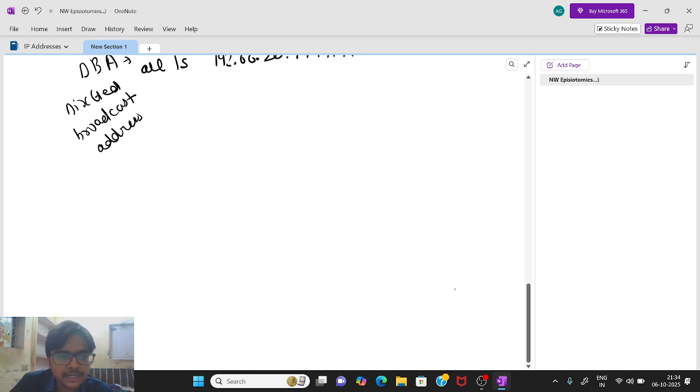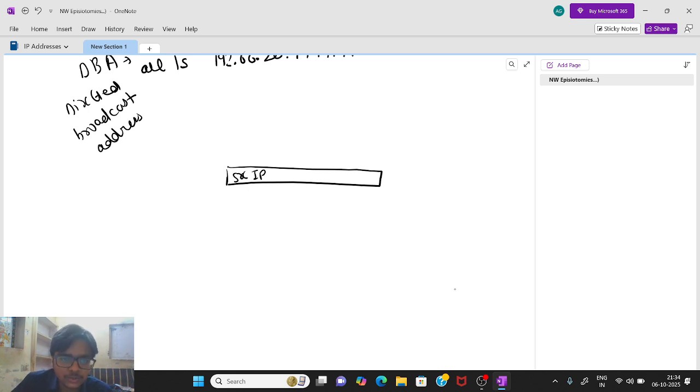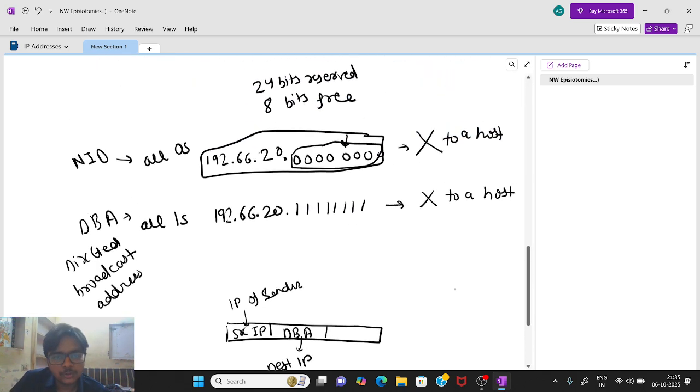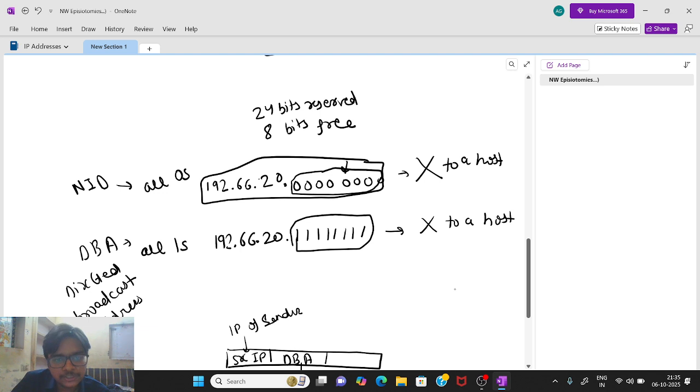It can simply send a message with the source IP, that is its own IP, the IP of the sender, and in the destination IP, it can put the directed broadcast address, that I have shown you with all ones in the free section.